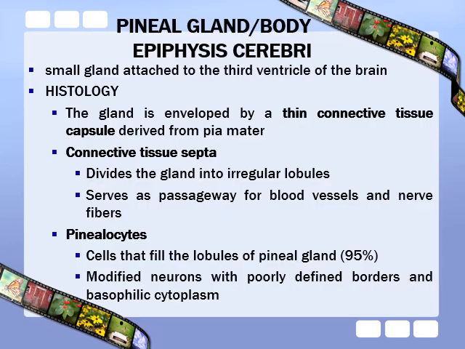We also have the pineal gland or the epiphysis cerebri. It is a small gland attached to the third ventricle of the brain. The gland is enveloped by a thin connective tissue capsule, and it has connective tissue septa. These serve as a passageway for blood vessels and nerve fibers, and the pinealocytes are the cells that fill the tubule of the pineal gland.